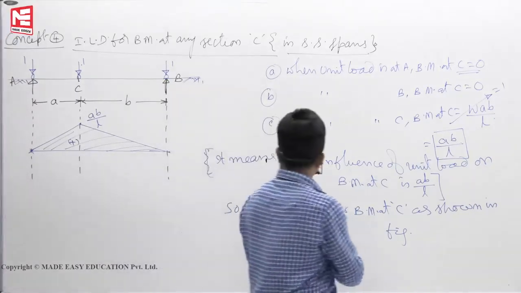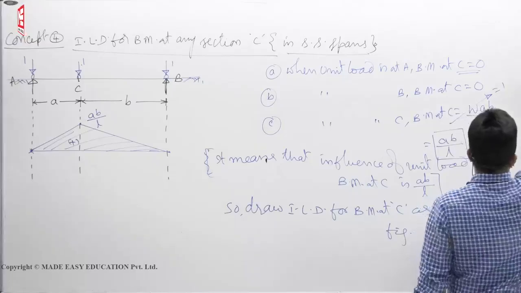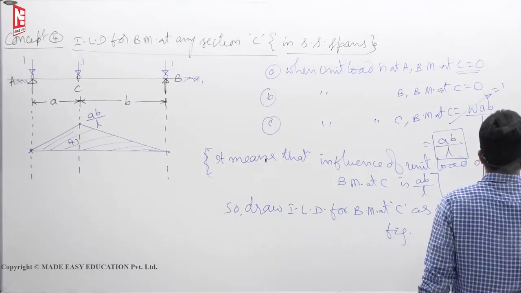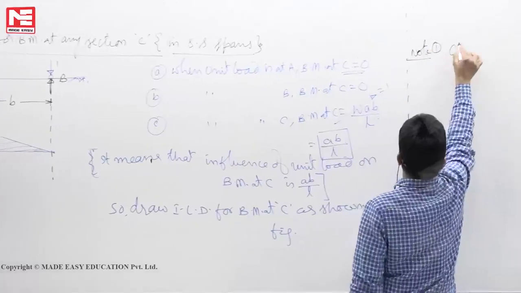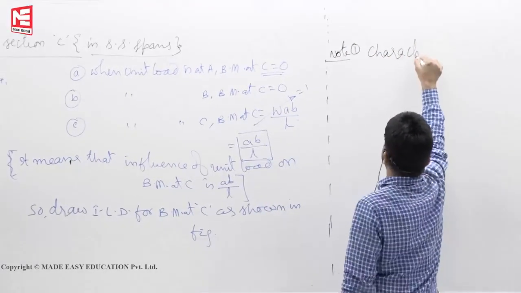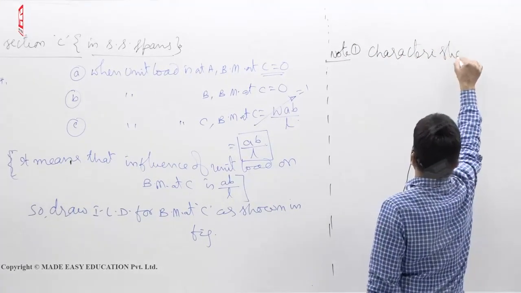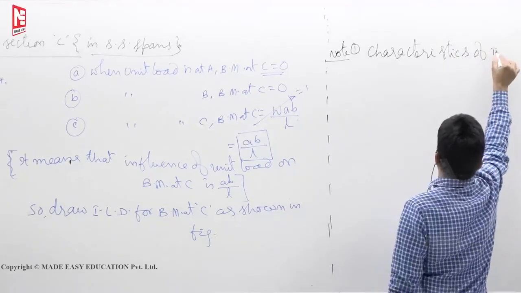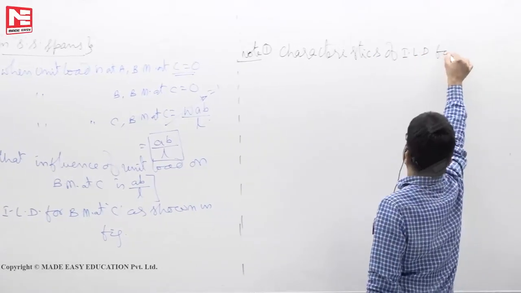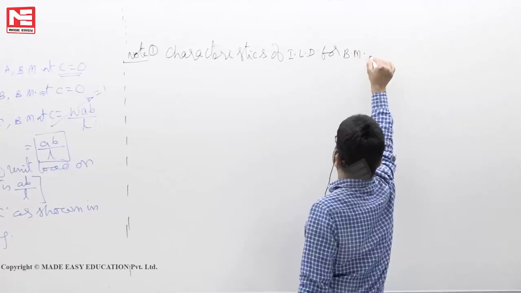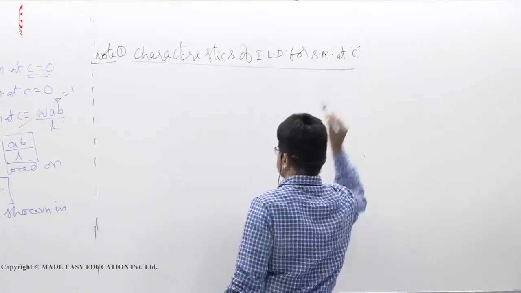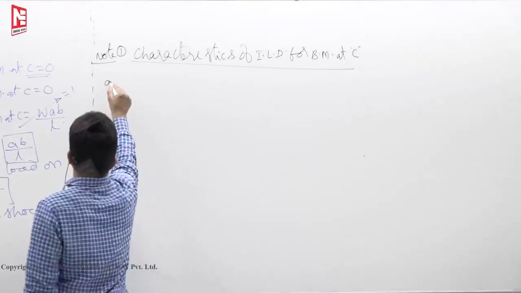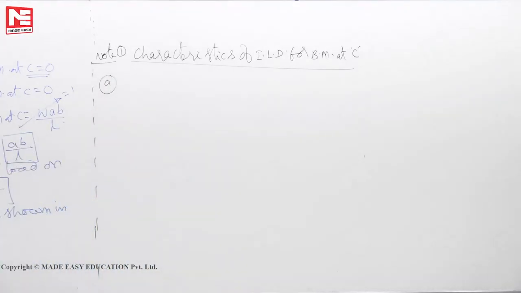For that, first let us see what are the characteristics of influence line diagram. Note 1. Characteristics of ILD for bending moment at C. First point is this one.